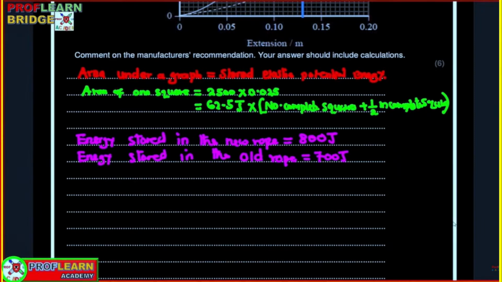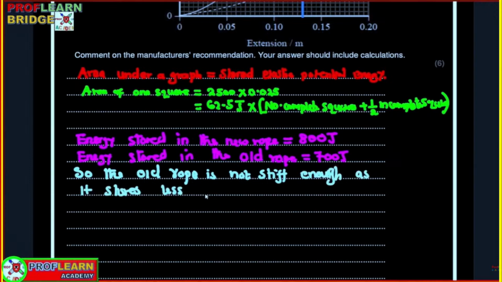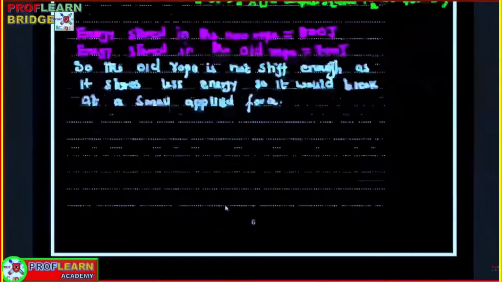So that is why the manufacturers were able to recommend that. You also have to comment on that, so that we can say the old rope is not stiff enough as stored energy is less, and this will break at a small applied force.